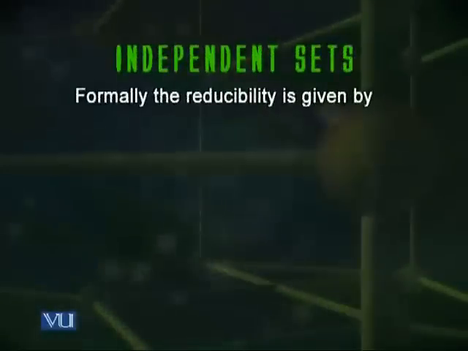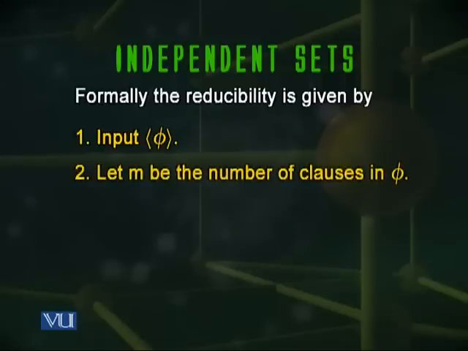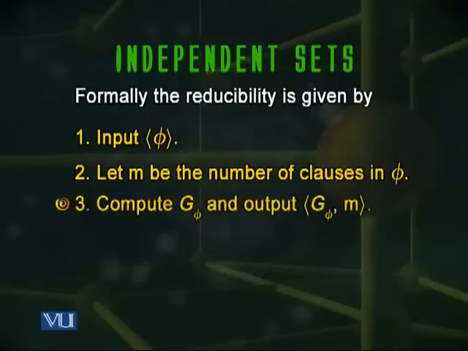Now, if you really want to be very formal and pedantic about proving the NP completeness of the independent set problem, then you would give the reducibility by the following algorithm. Formally, this reducibility is given by the following algorithm, which on input phi counts m to be the number of clauses in phi, and then it computes G sub phi, and it doesn't just output G sub phi, but it also outputs m along with it. So the formula phi is being mapped to the pair G sub phi comma m.